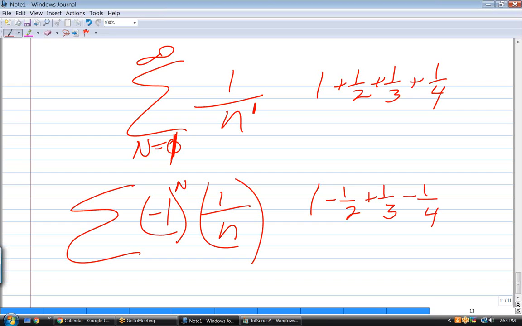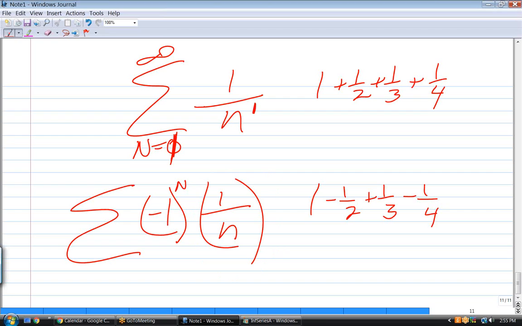And alternating series have their own special rule. Remember that one rule for something to be convergent is that the nth term has to be 0 as n goes to infinity. Well, if I look at that, the nth term definitely goes to 0 as n goes to infinity. But that doesn't prove convergence.